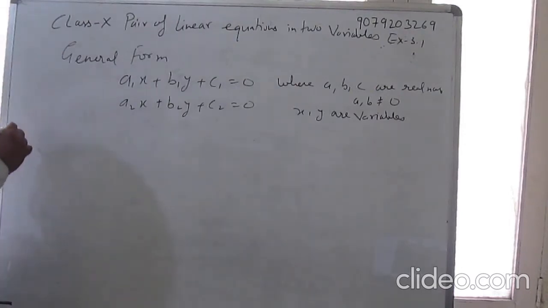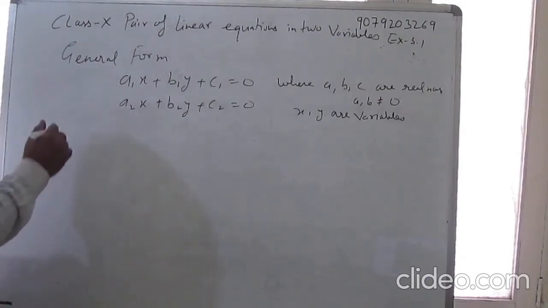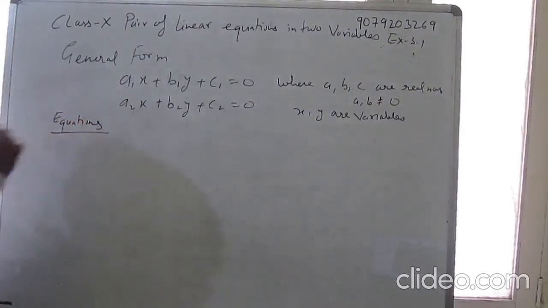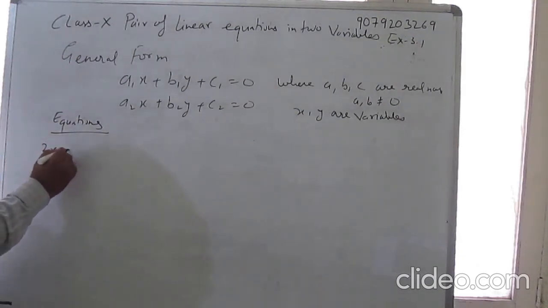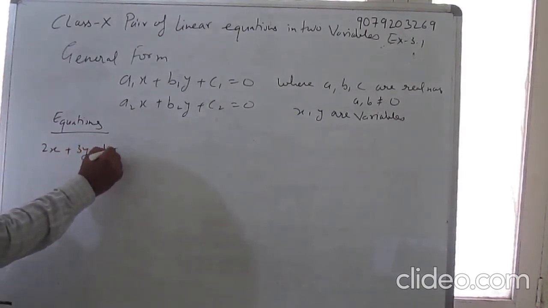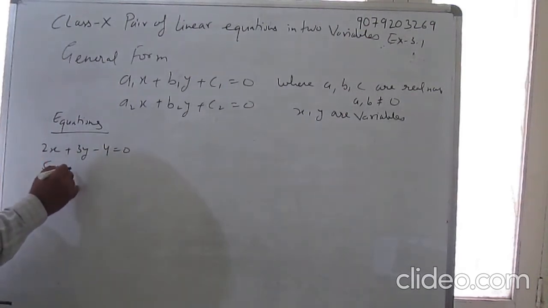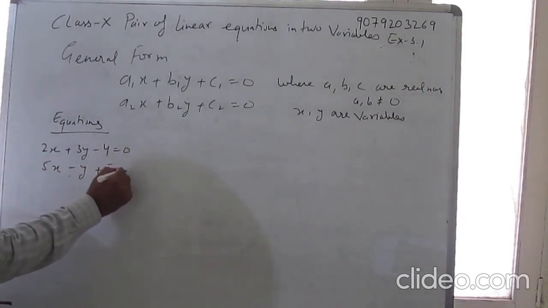Suppose I take one equation. Here I write the equations: 2x plus 3y minus 4 is equal to 0, 5x minus y plus 5 is equal to 0.